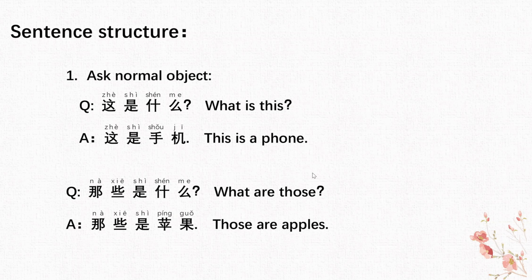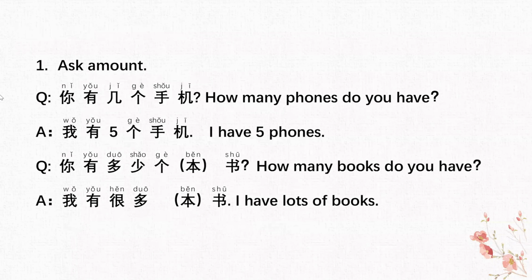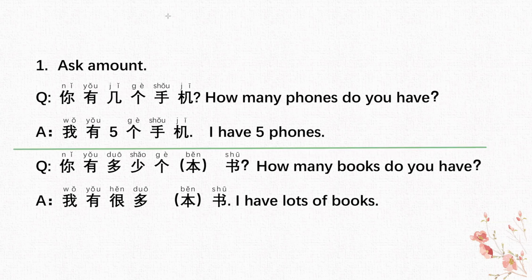Okay, so let us carry on for the second sentence structure. It's ask for amount, like how many do you have? 1 or 2, right? So we have 2. Sorry, let me give you a line that is straight line. All right, so there are 2 examples. First example, 你 means you, 有 means have, right? 有 means have, had.